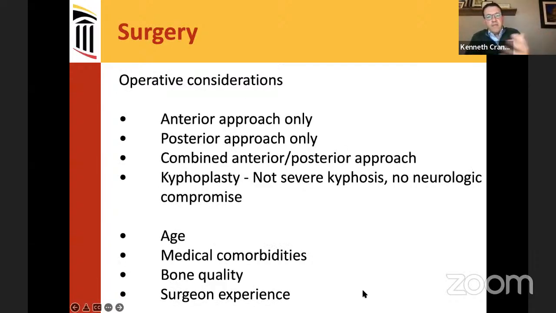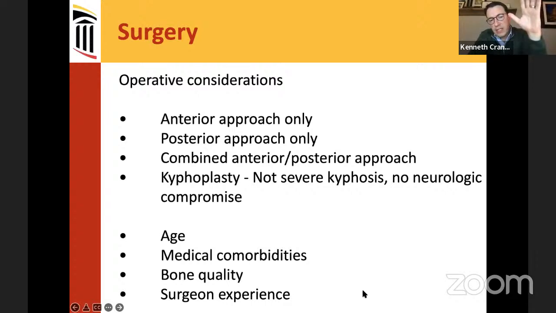How we can treat this varies, of course, by many different factors. And we could debate this until we're all blue in the face, but sometimes it's an anterior only approach or a posterior only approach. Sometimes it requires a combined approach.